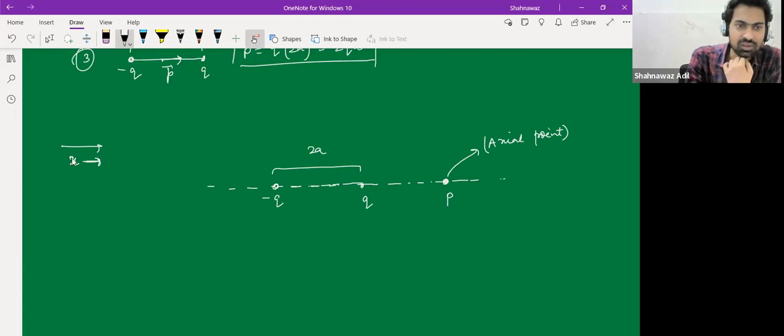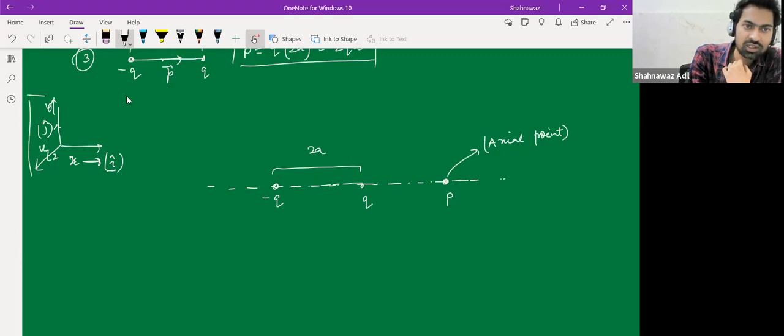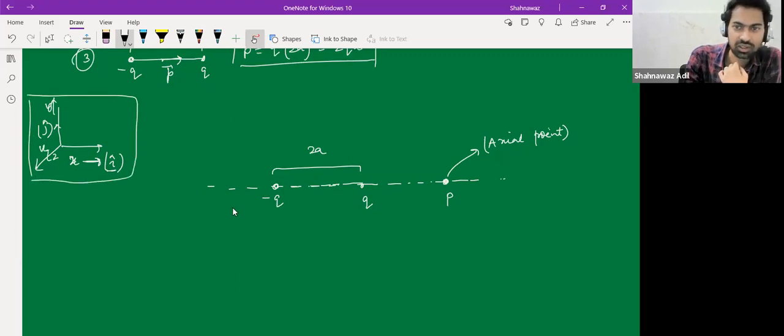Yes, i hat or i cap describes the x direction, j hat describes the y direction, and k hat the z direction.